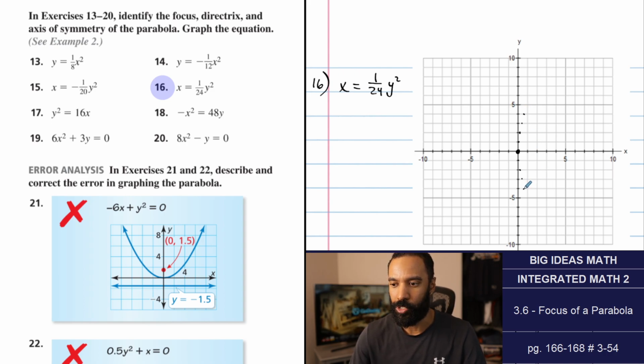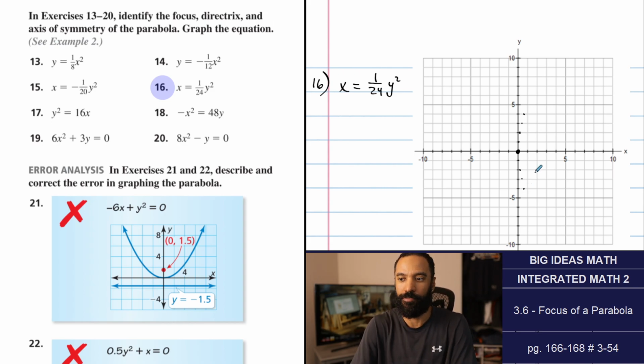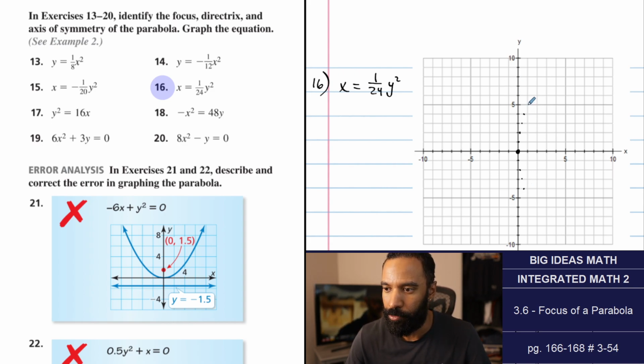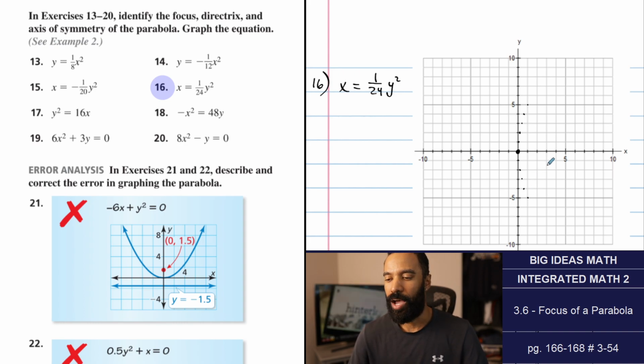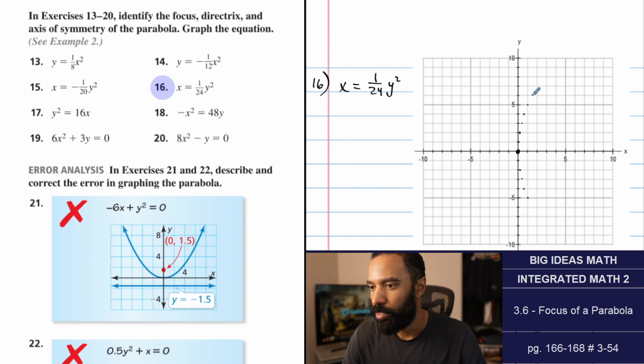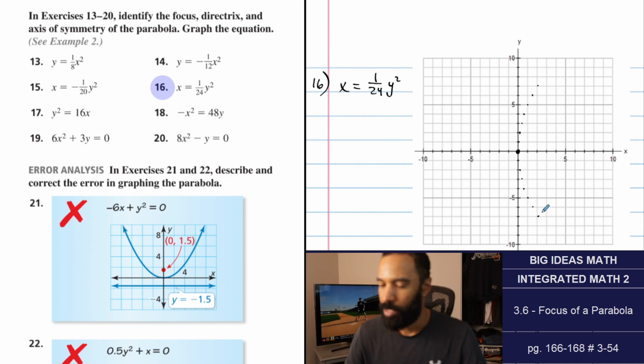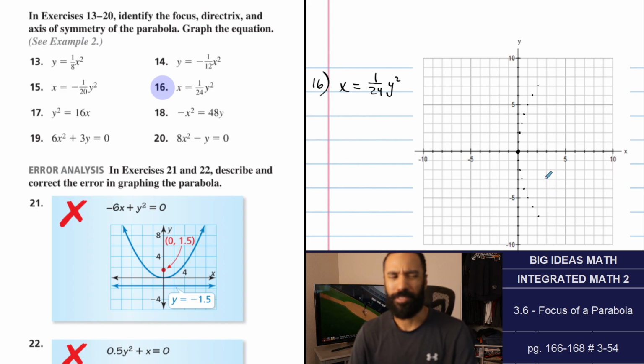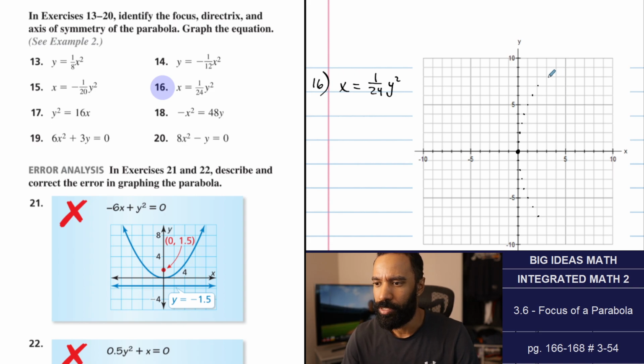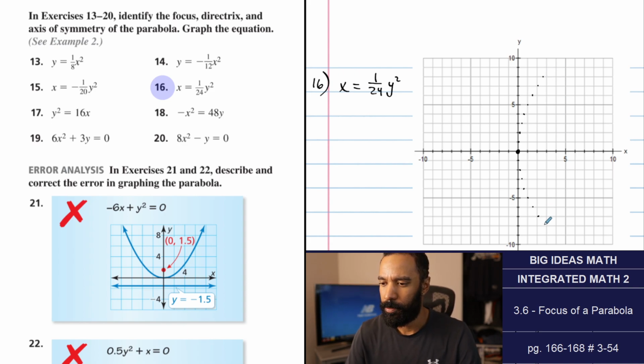That's 4 squared. 4 squared is 16. 5 squared is 25. 25/24 is 1 1/24. 36/24 is 1 1/2. 49/24 is 2 1/24. 64/24, that's 8/3, 2 2/3.